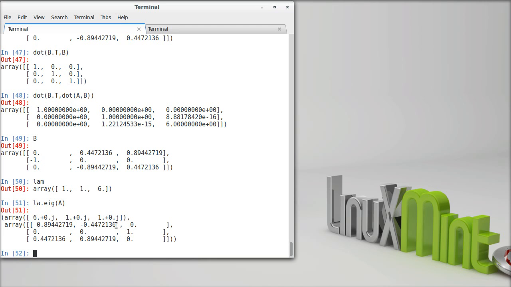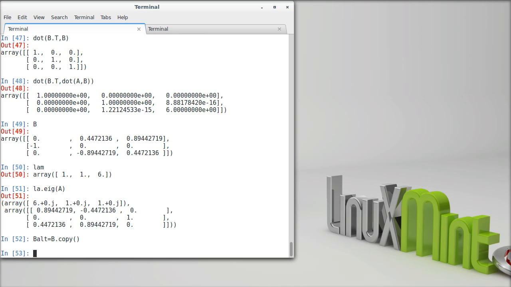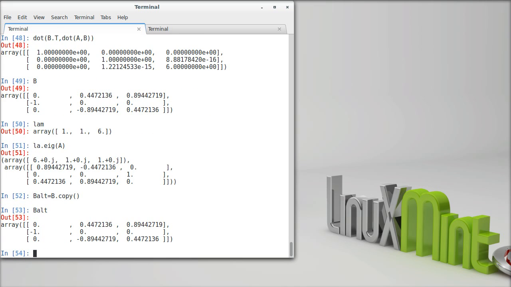In fact, we can verify that that's true by making a copy of B. So this will be my alternative B, and let's define this by just taking linear combinations. Let's just take linear combinations of the original two vectors.